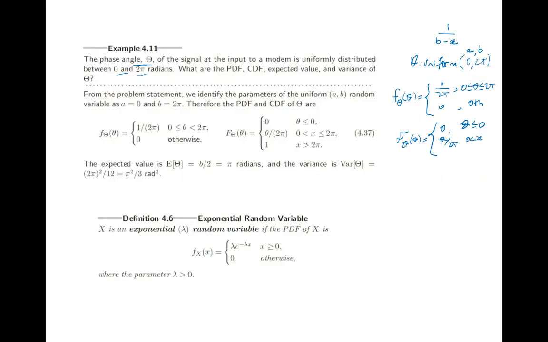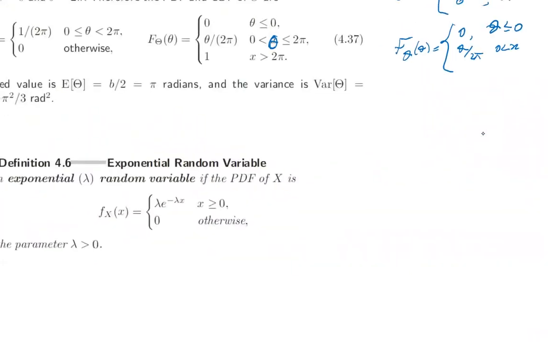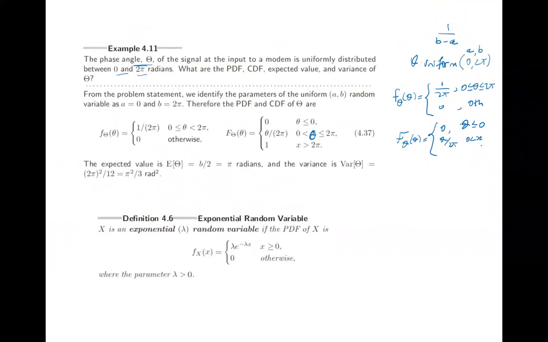And when theta is greater than 2 pi, that's 1.